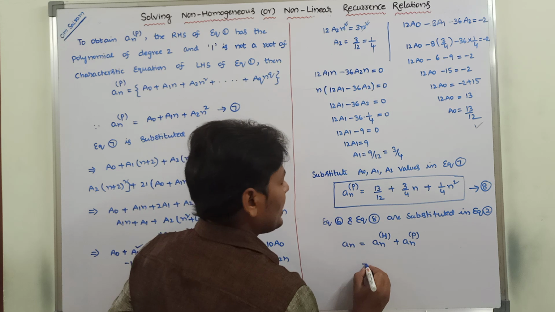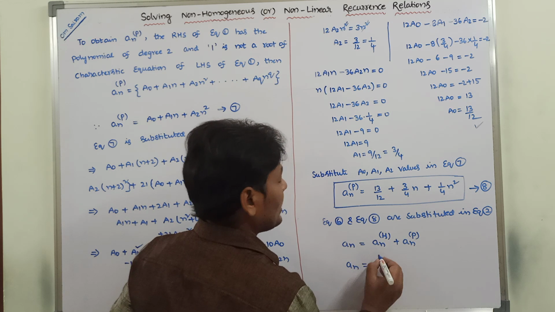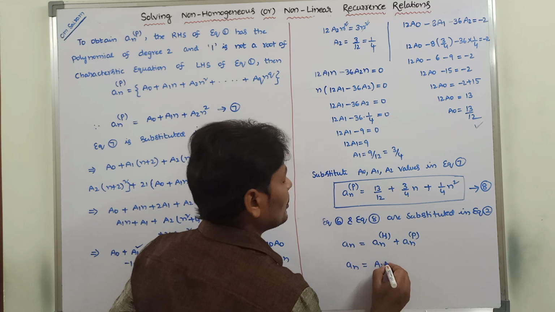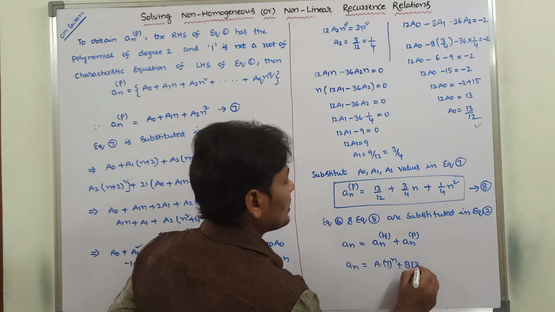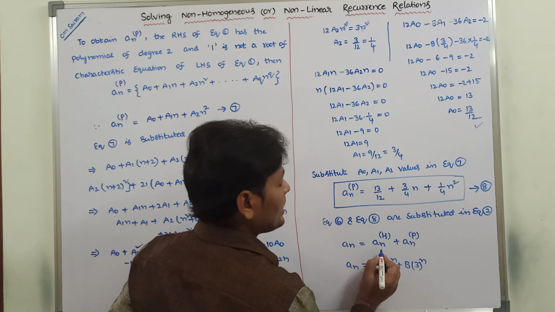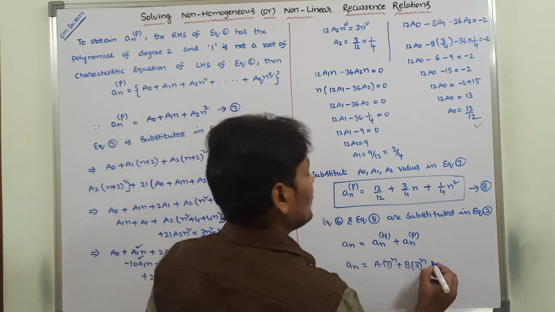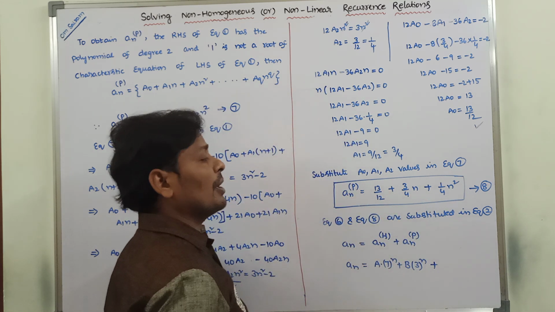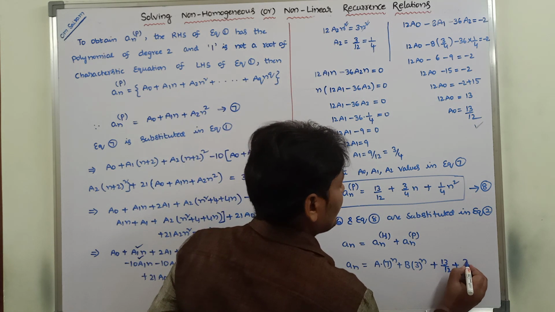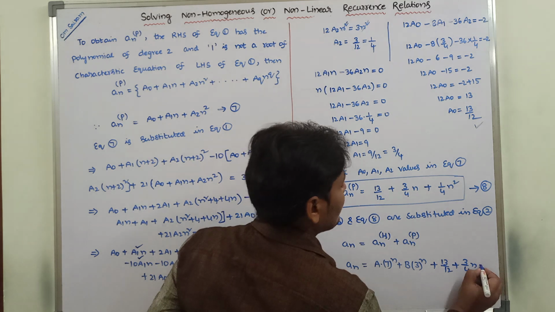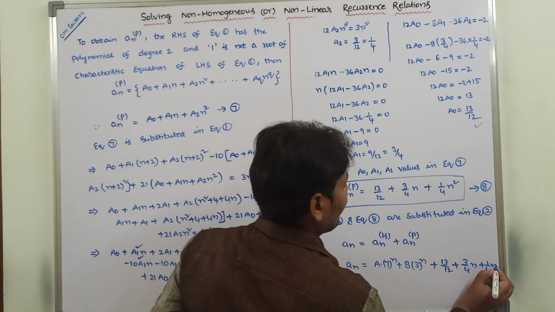Okay, so what is the a suffix n power h value? That is a into 7 power n plus b into 3 power n. So this is the a suffix n power h value, plus the a suffix n power p value, which is 13 by 12 plus 3 by 4 n plus 1 by 4 n square.